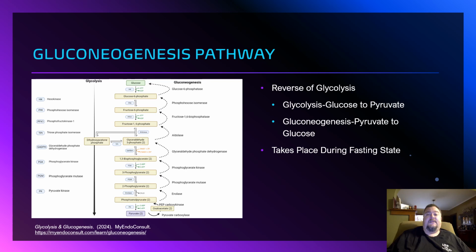The last step that differs from glycolysis is the conversion of glucose 6-phosphate to glucose with the enzyme glucose 6-phosphatase. This enzyme is located in the endoplasmic reticulum.